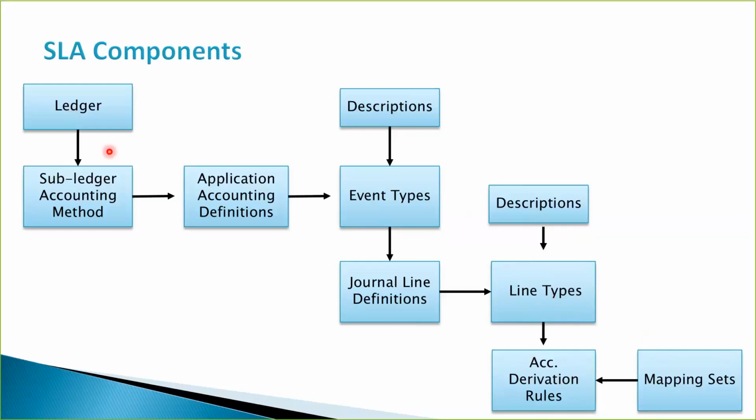Keep in mind also the kind of relationship in terms of number. Your ledger will only have one sub-ledger accounting method, which is your accounting convention. So you can only attach one sub-ledger accounting method.